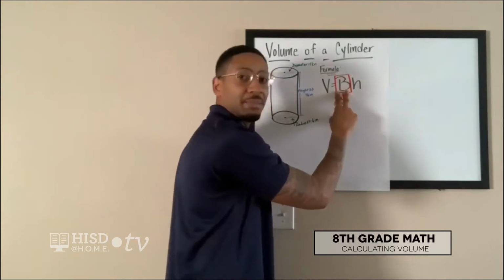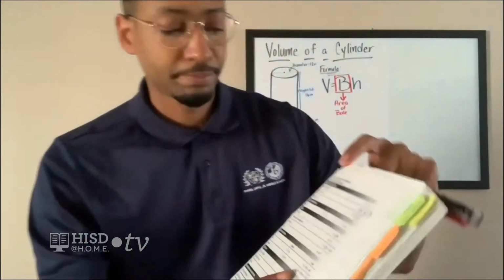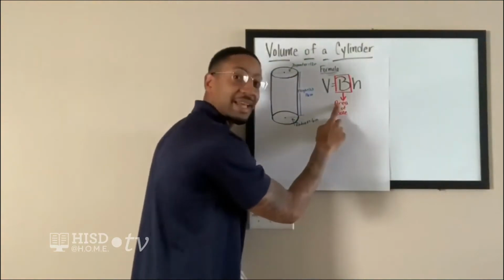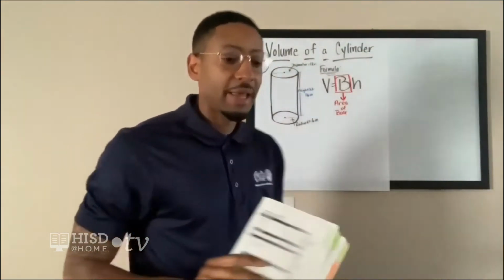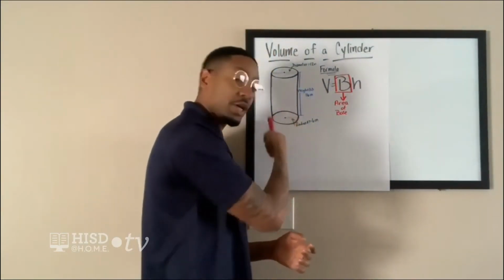So big B, I'm sure your teacher told you all about it. I make my students write a big B beside area, because big B means area of the base. So we need to find the area of, well, what shape is the base? A circle.